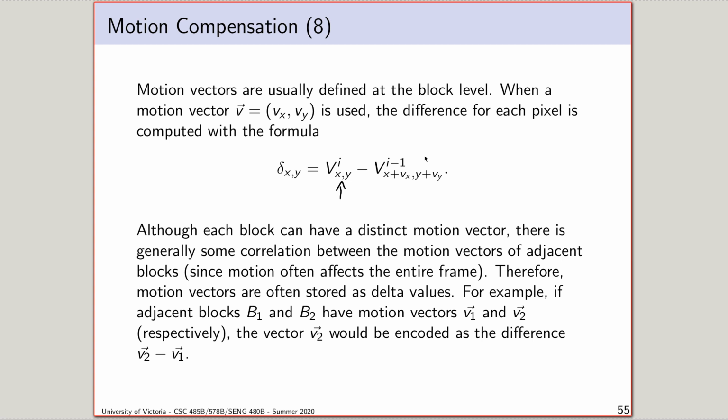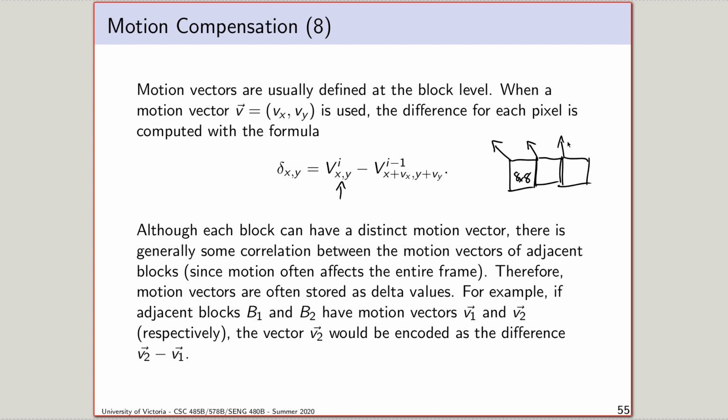Now, I've got this set of blocks. There's one block, there's the next block, there's the next block. The motion vector for this block points up here. The motion vector for this block probably points somewhere similar. If the frame has motion, these are only 8 by 8, so two adjacent 8 by 8 regions probably have relatively similar motion vectors.